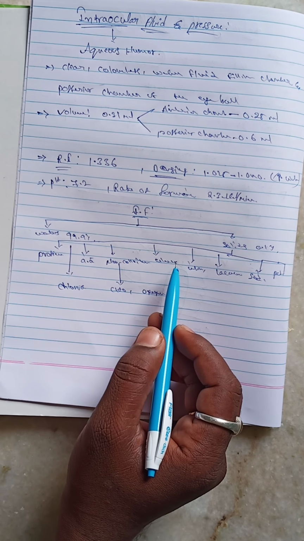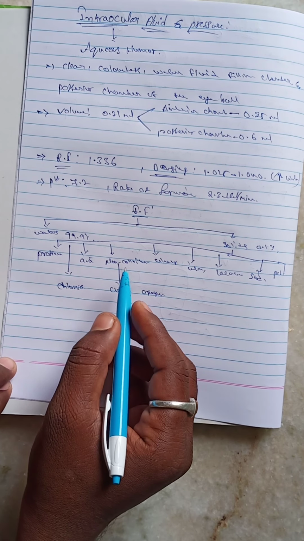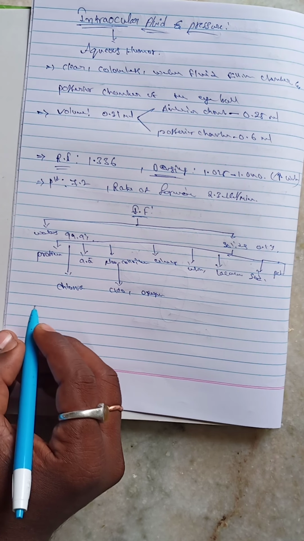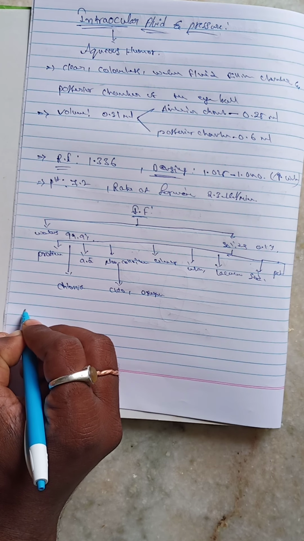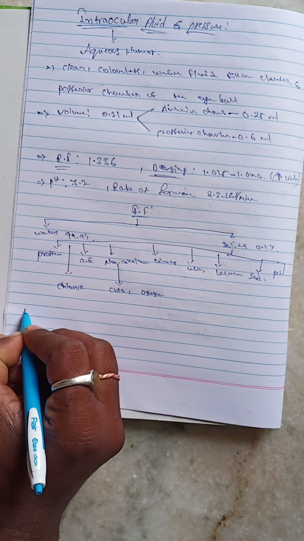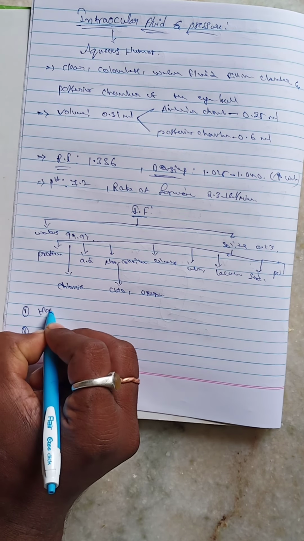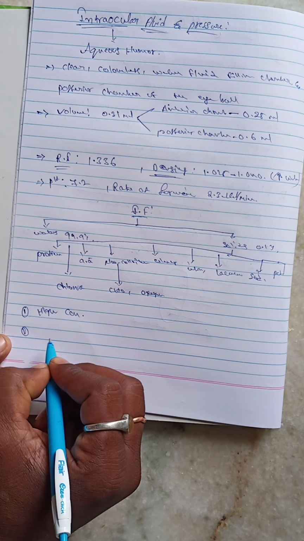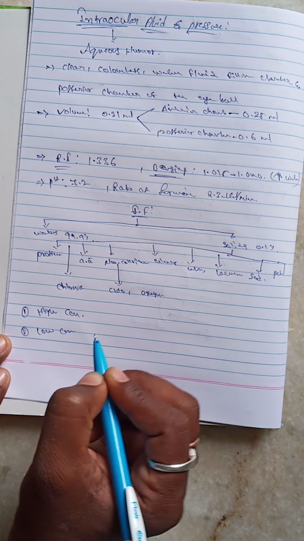The intraocular fluid, depending upon the composition, is classified into two types: high concentration and low concentration intraocular fluid.